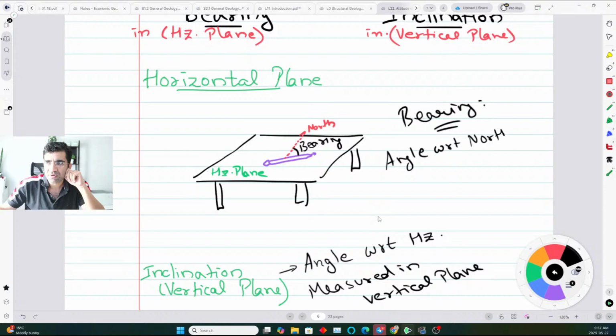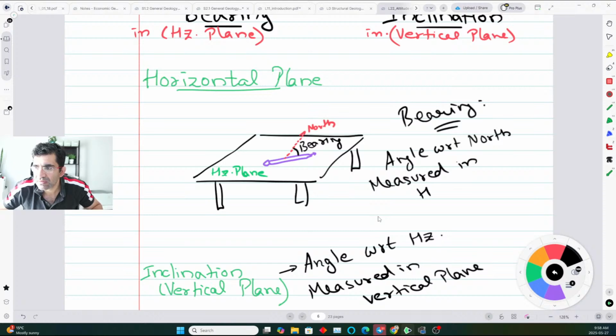Horizontal plane? No, it is with respect to north. So what is the angle from the north direction? Like east will be 90 degrees of north, south will be 180 degrees of north, like that. So it is the angle with respect to north, measured in which plane? Horizontal plane.